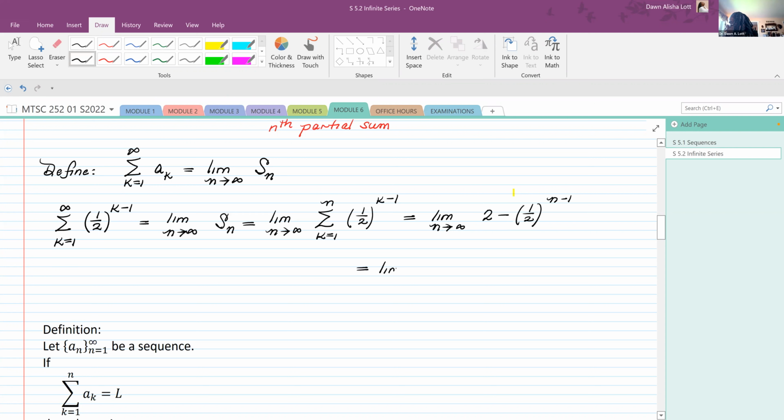But this is the limit as n approaches infinity of 2 minus, and this is 1/2 to the n minus 1. So now you can really see it. All right, so it's 1/2 to the n minus 1.